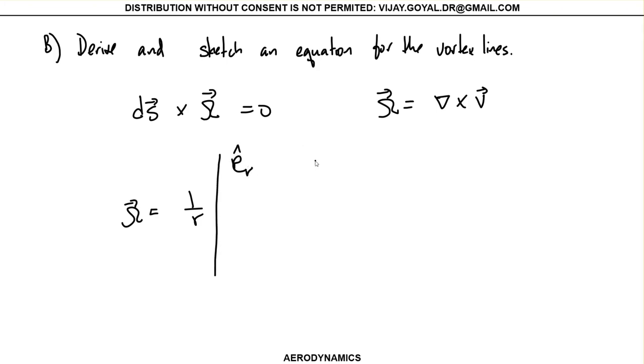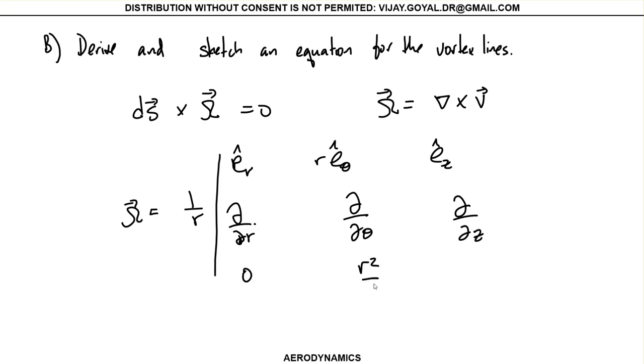ER, R, d theta, EZ, partial of R, partial of theta, partial of Z, 0, R squared A, 1 minus R squared A squared.